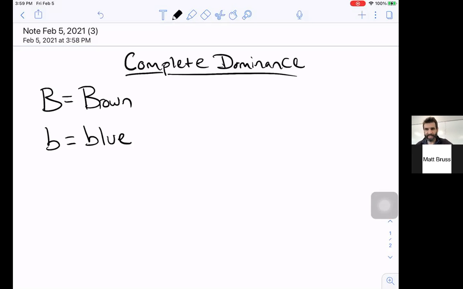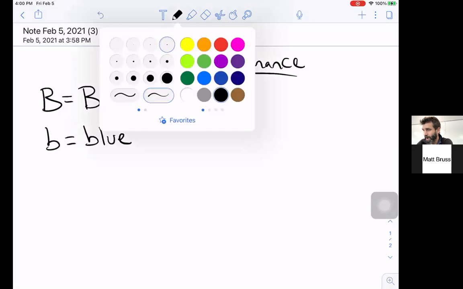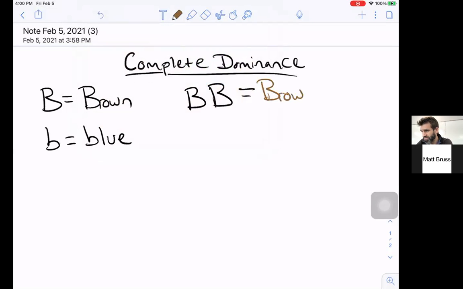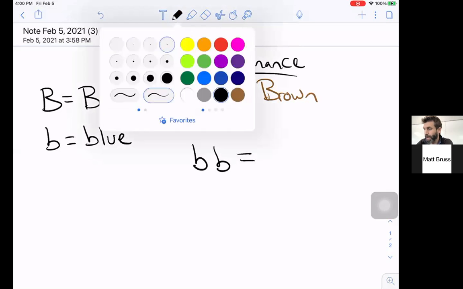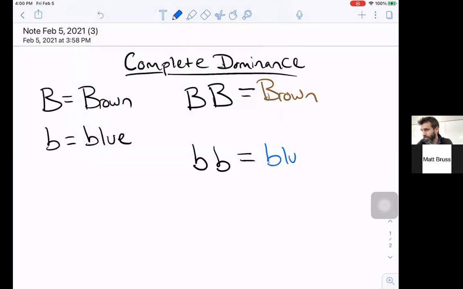If I get a version of the brown gene from my dad and a version of the brown gene from my mom, my eyes are going to be brown. That seems relatively straightforward. And it was not too hard to imagine that if I got the blue gene from my dad and the blue version of the gene from my mom, my eyes would be blue.